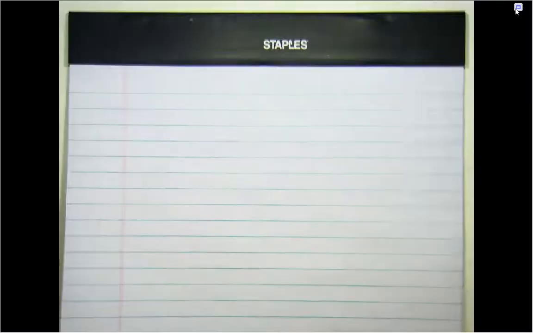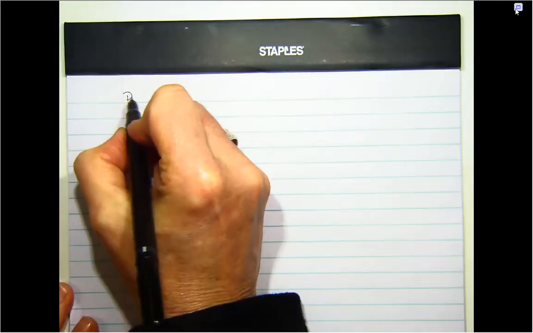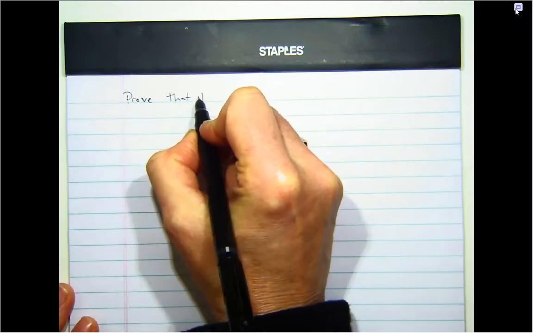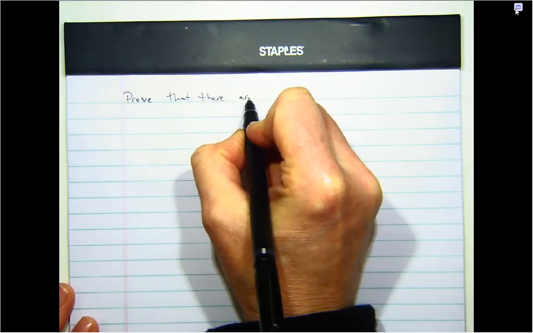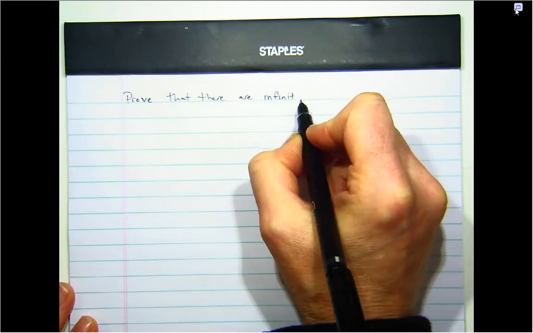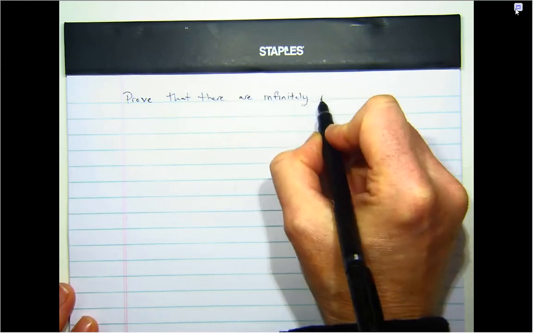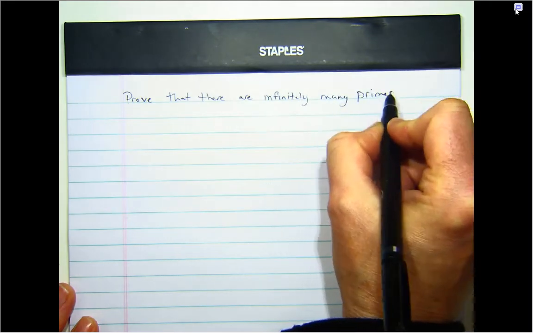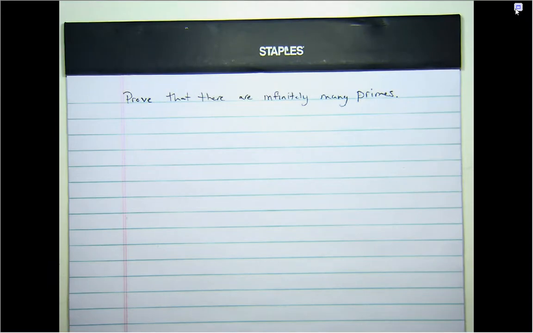So you'll see on the quiz a question like this. Prove that there are infinitely many primes, or it might say prove that there is no largest prime, because that's the same thing.